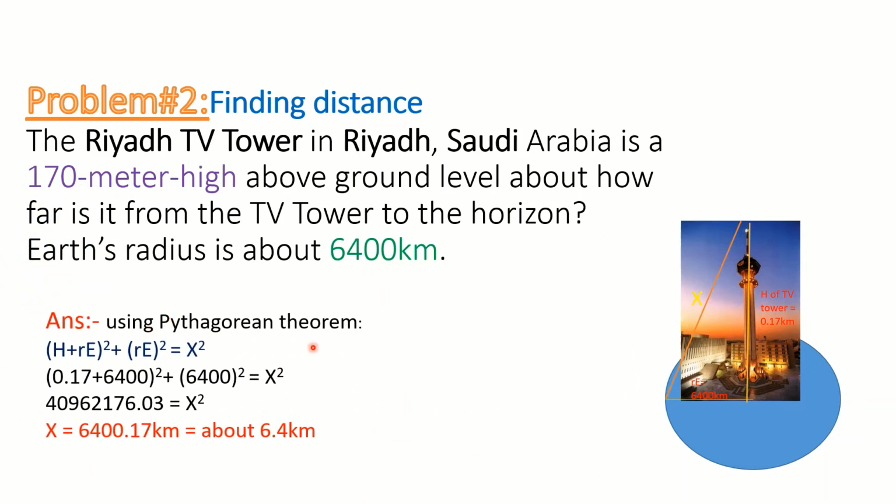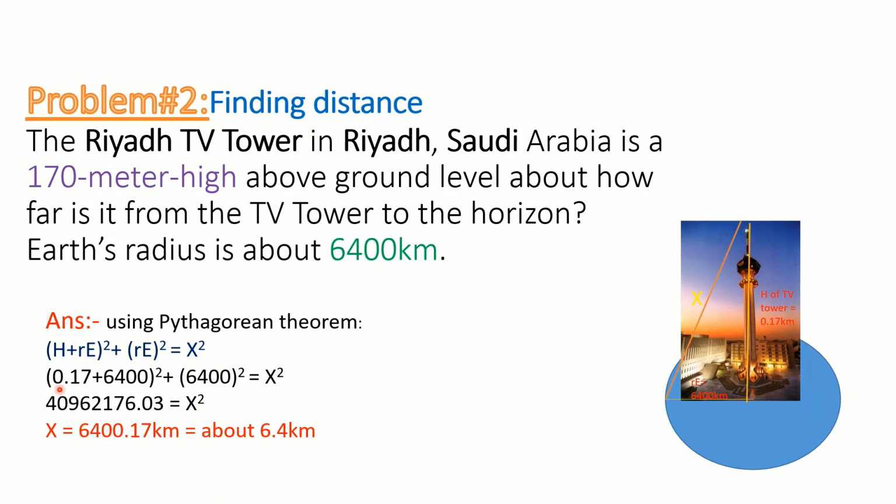Using the Pythagorean theorem, this is a right angle triangle. Radius of Earth squared plus height of the TV, of course in kilometers, you need to change into kilometers. It was given 170 meters, is equal to x squared. This is the hypotenuse.